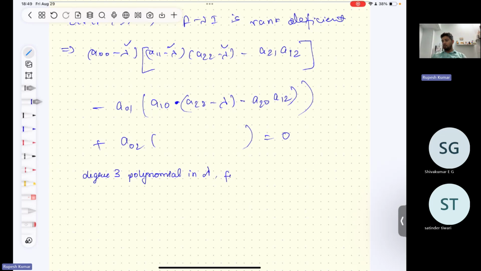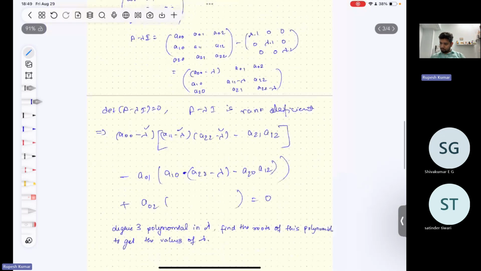Then you can find the roots of this polynomial to get the values of lambda.